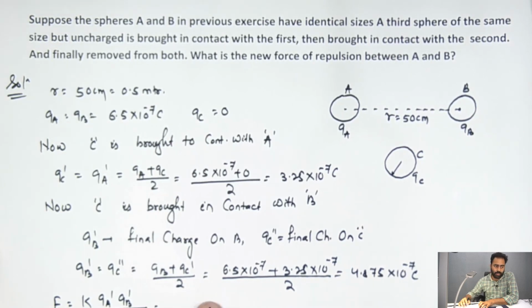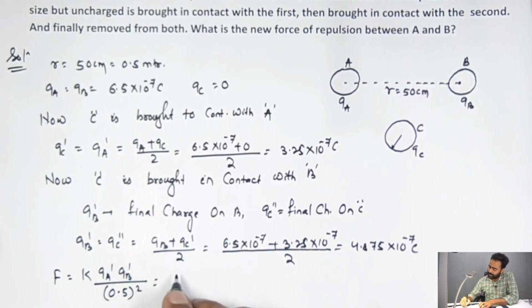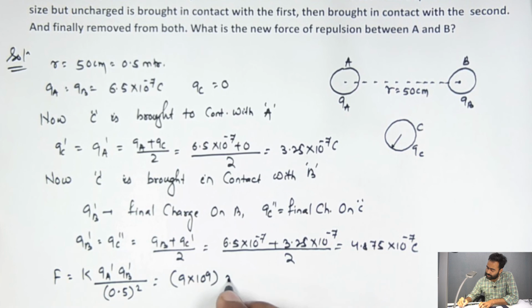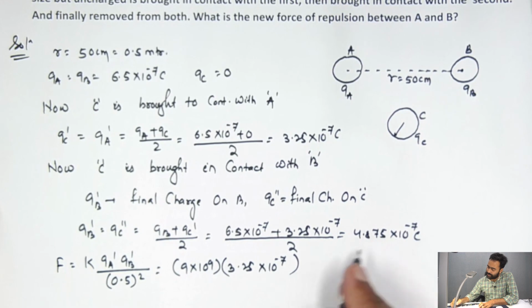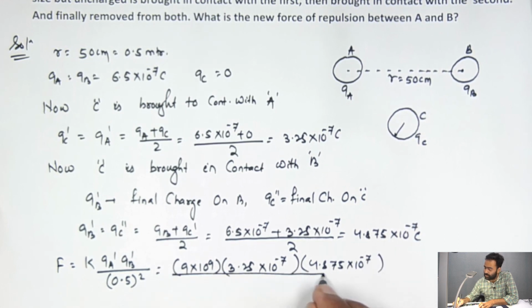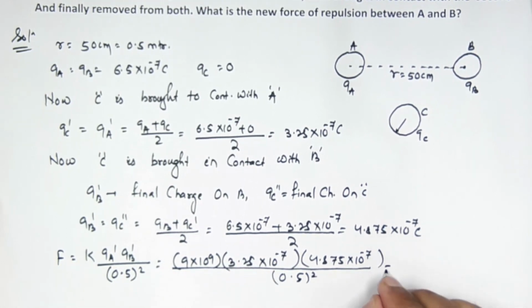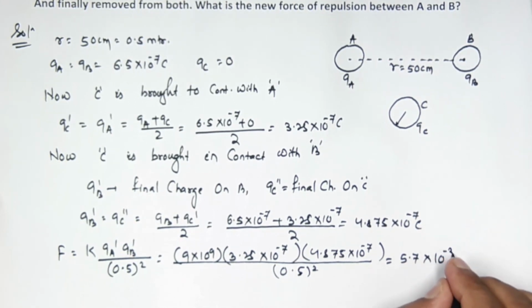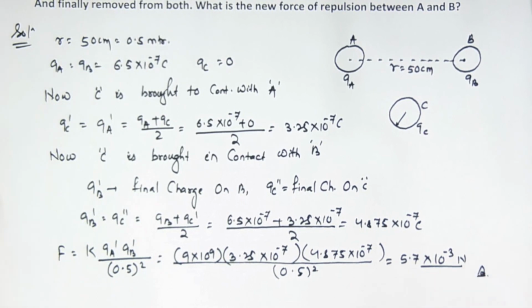So on substituting the values here, we will get 9 into 10 to the power 9 times QA dash, which you have already found here, that is equal to 3.25 into 10 to the power minus 7, and QB dash, that is 4.875 into 10 to the power minus 7, divided by 0.5 square. So this will give you a value of 5.7 into 10 to the power minus 3 Newton. This will be the final force between A and B.